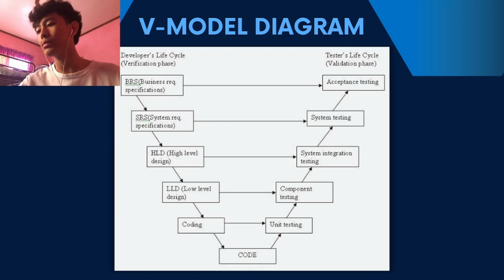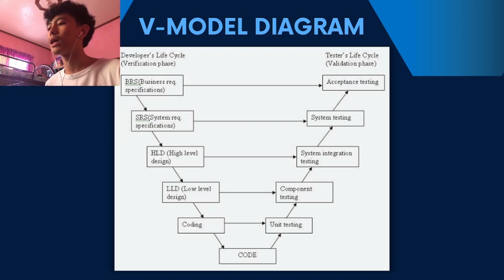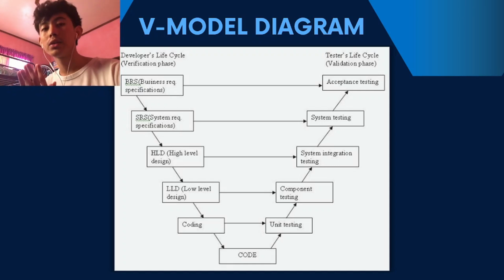And then second, we have high level design, or HLD. This phase focuses on the overall architecture of the system. An integration test plan is created to ensure that the different parts of the software work together.